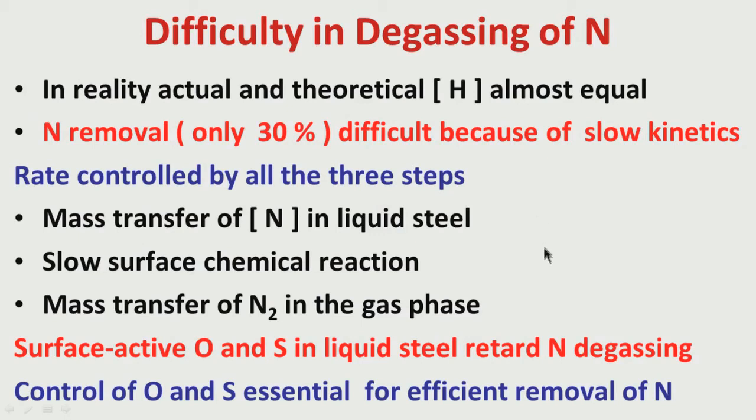Now, these three steps are rate controlling, the whole reaction is rate controlled. They are relatively slower for nitrogen compared to hydrogen. That is the basic difference between nitrogen and hydrogen. Hydrogen, all of us know, is very small in atomic size, and its diffusivity is very fast.